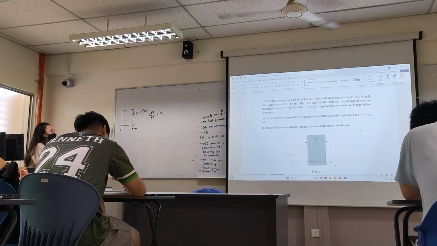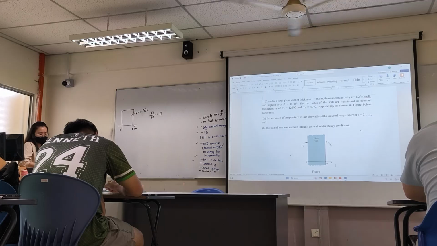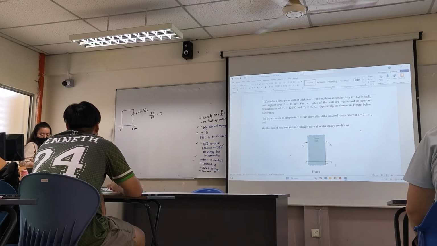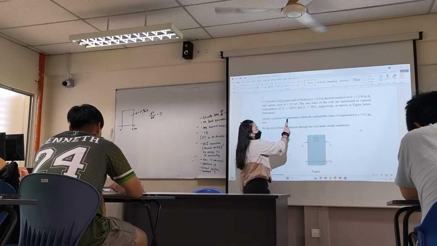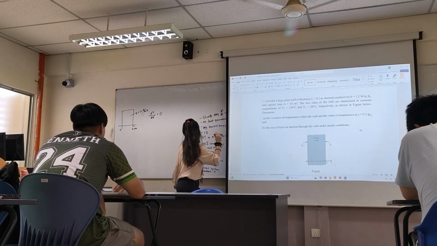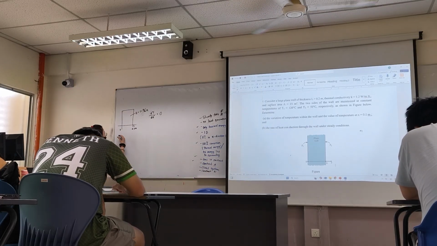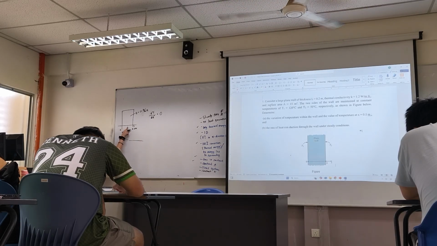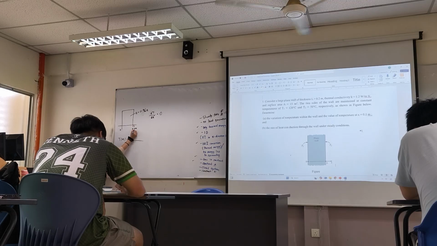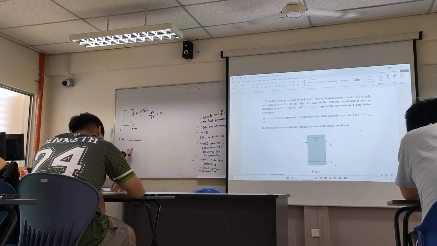Then do the integrations. Because the question asks you to find the variations, you get the general equations already. So at any point within this 0.2 meter, you can apply this formula.